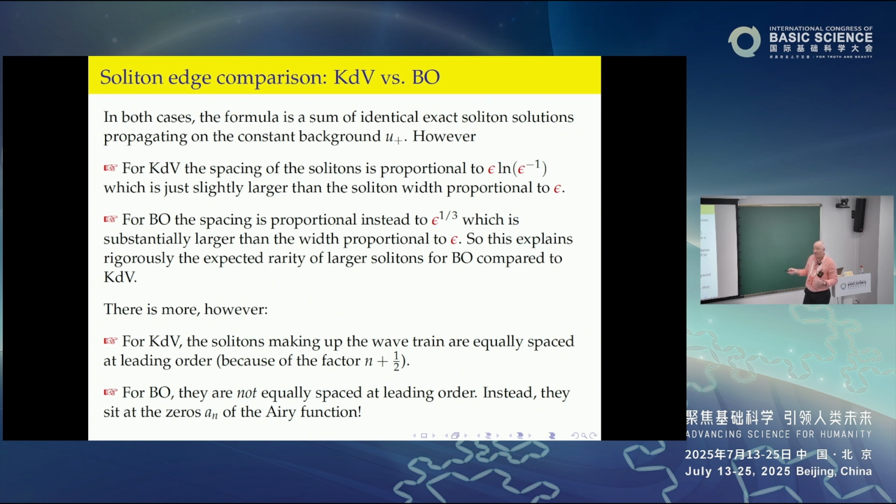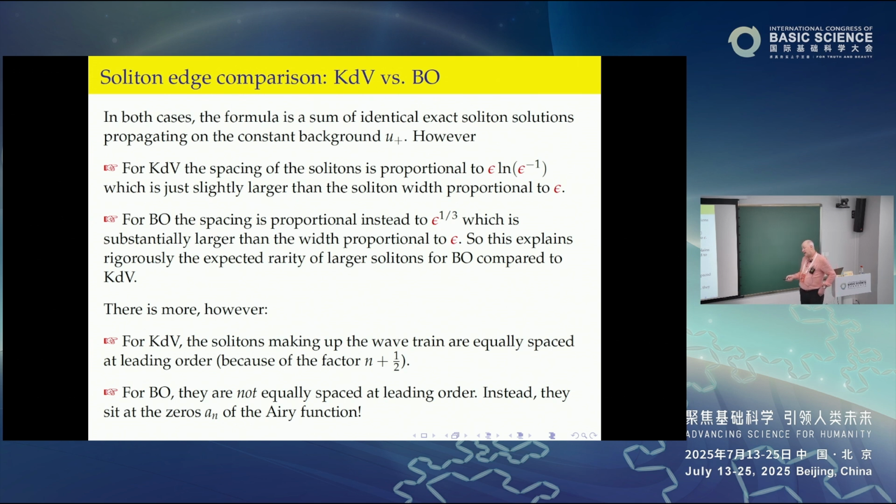Log is almost nothing, right? So they're separated, but they're just barely separated from each other in some way. Whereas for Benjamin-Ono, the spacing is epsilon to the third, and again, the width is epsilon. So that's a much bigger gap. Okay, so the solitons for Benjamin-Ono really are more dilute at the front edge than the ones for KdV, and this is the reason why, actually, okay?